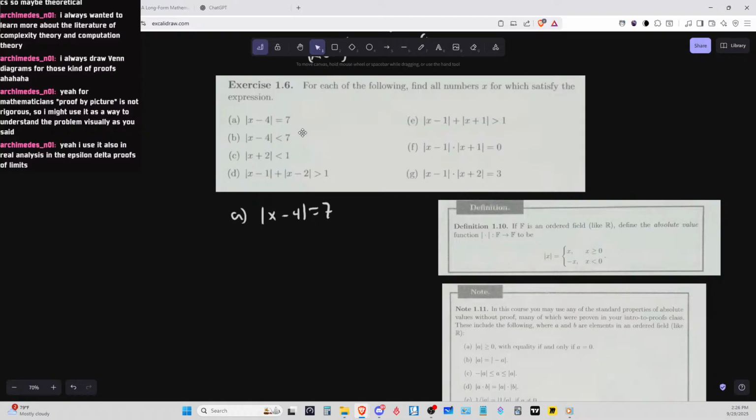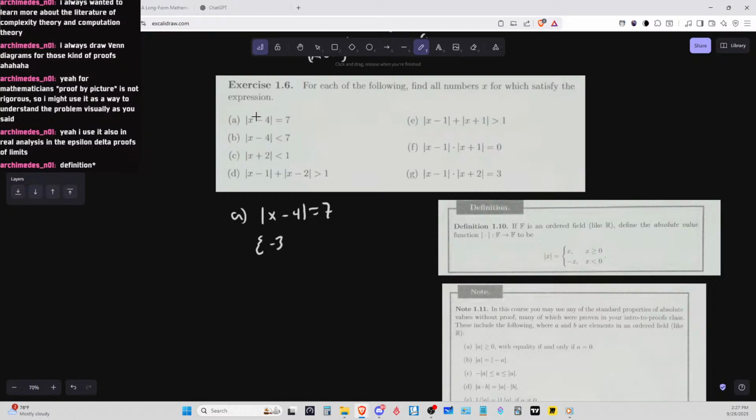So we have -3 minus 4, so that would also help. So what we know is that we need -3, because then that will turn into -4, and that will be -7, and thus giving us 7. Also 11 will give us that.